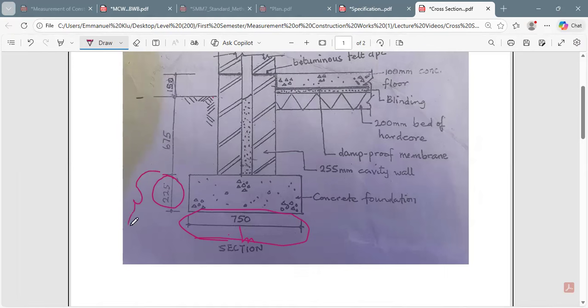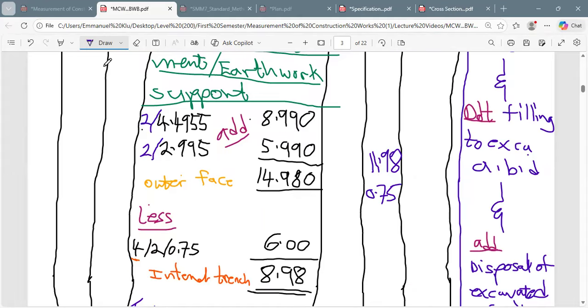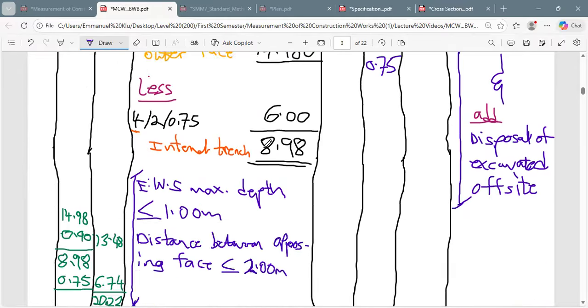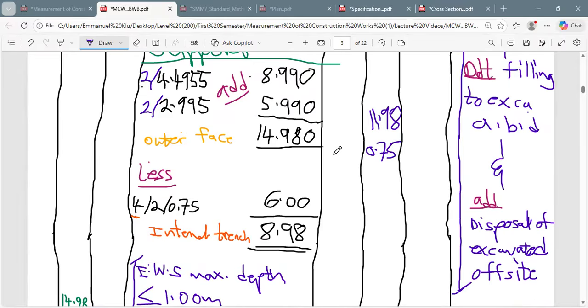So we say concrete is measured in volume. It is length times breadth times height. The length of the building is 11.98, and then the breadth is 750 times the 225, times 0.23. At the end of the day, what are we going to get?